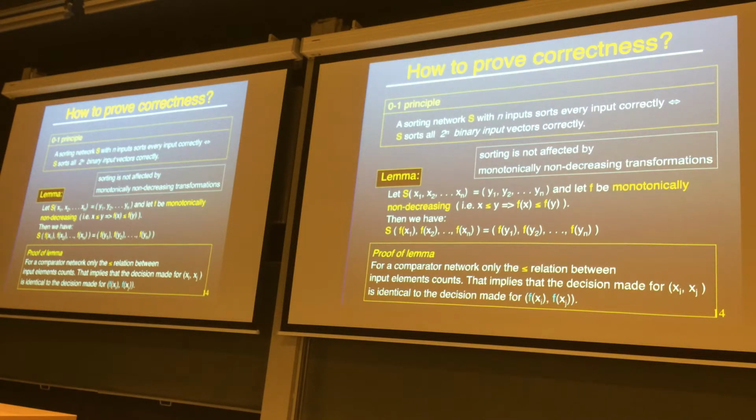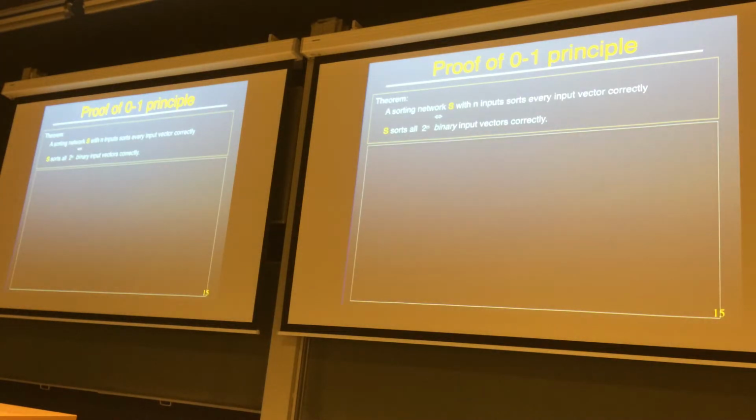Okay, so the lemma says that sorting does not change by monotonically non-decreasing transformations of your input. And it's a simple lemma that we will need. Because now we will deal with the original theorem. A sorting network S with n inputs sorts every input vector correctly, if and only if S sorts all 2 to the power n binary input vectors correctly.